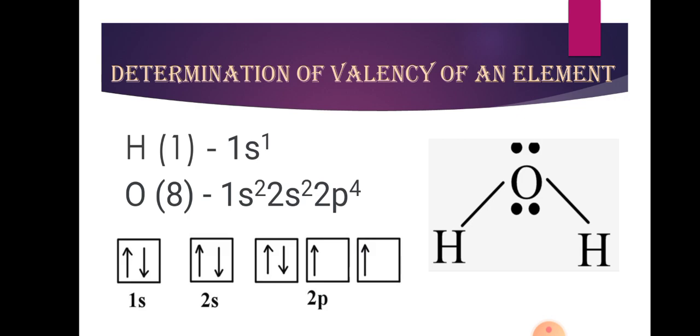Now another example. For oxygen atom, the outermost energy level is second energy level and there are total 6 electrons.